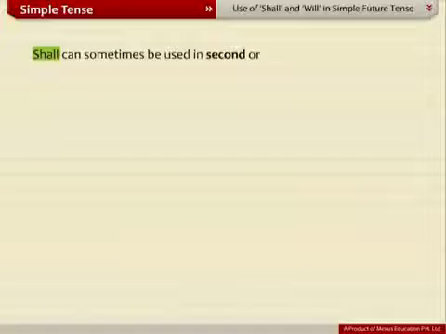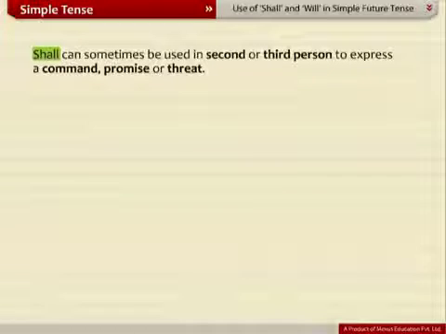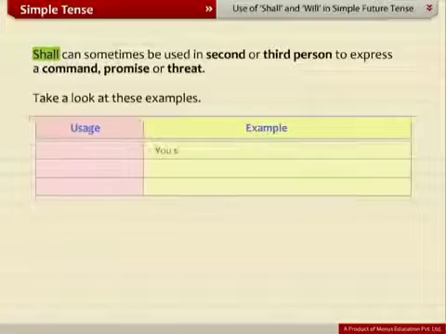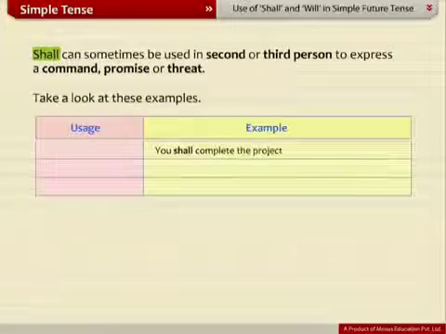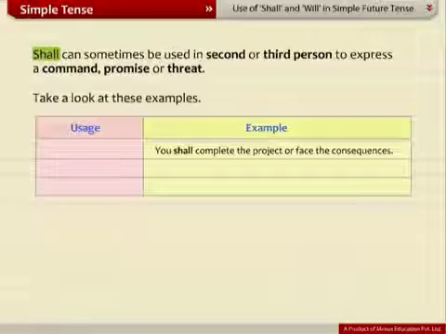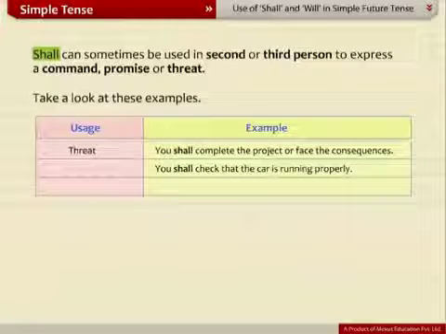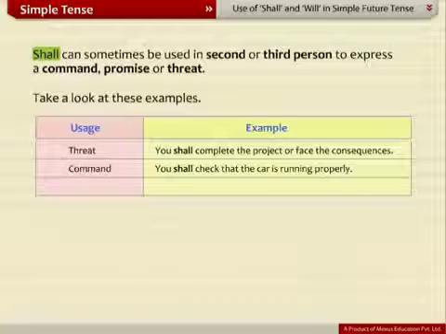Shall can sometimes be used in the second or third person to express a command, promise or threat. Take a look at these usage examples. Example: you shall complete the project or face the consequences. This is a threat. You shall check that the car is running properly.